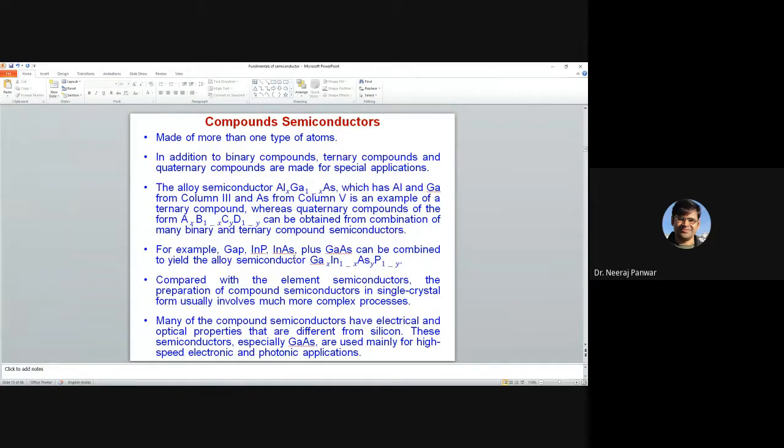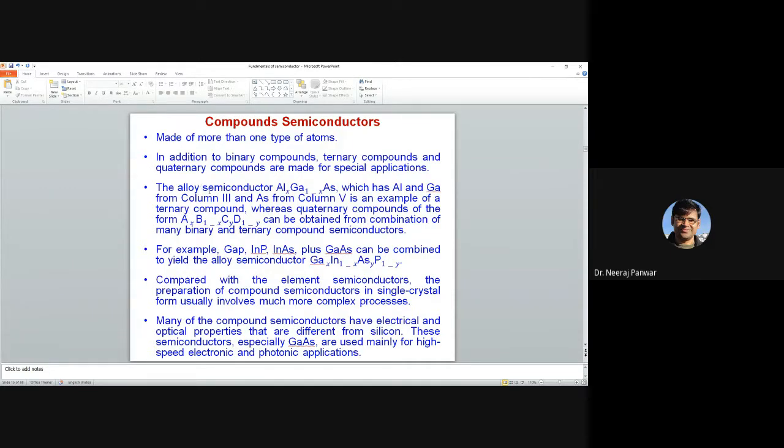But we can also have compound semiconductors in which we have more than one element present. So compound semiconductors are like binary compounds, ternary compounds, and quaternary compounds. Binary, as the name implies, means two, so it will have two elements. Ternary means three, so it will be made of three elements, and quaternary means it will be made of four elements.